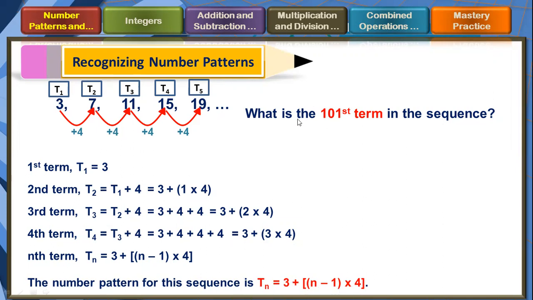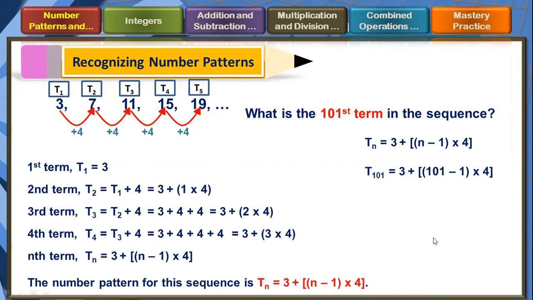Now we are going to use our formula, or our number pattern, to find the 101st term. T sub n equals 3 plus n minus 1 times 4. Substitute it. T sub 101 equals 3 plus, for n, 101 minus 1, times 4.